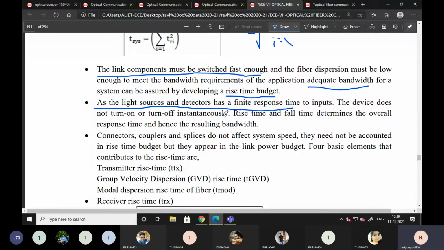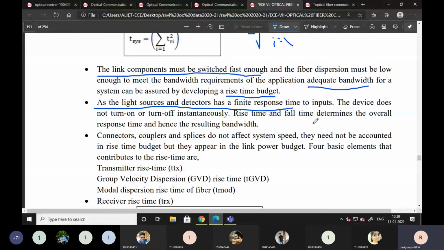The source and detectors must have finite times. The device does not turn on or turn off instantaneously. This is another important point: whatever system we are designing will not go instantly to the on and off state.